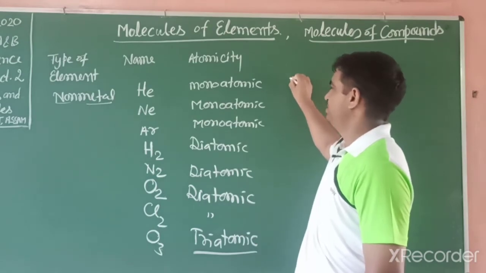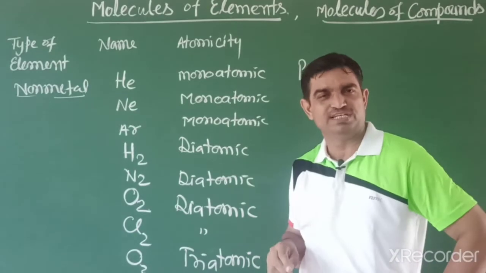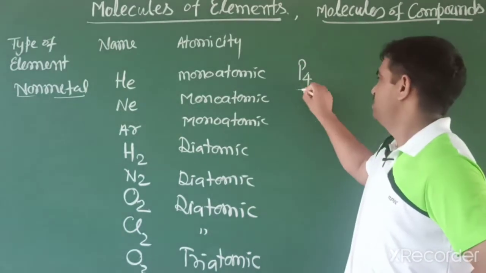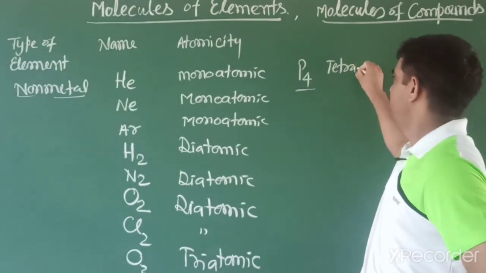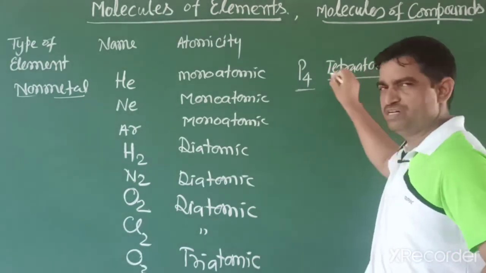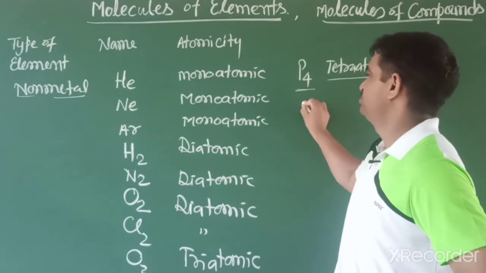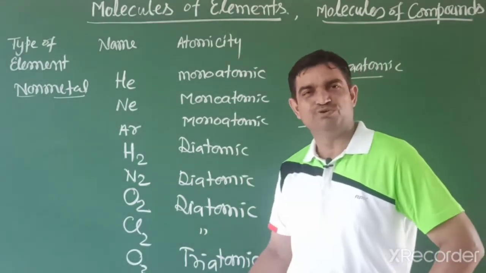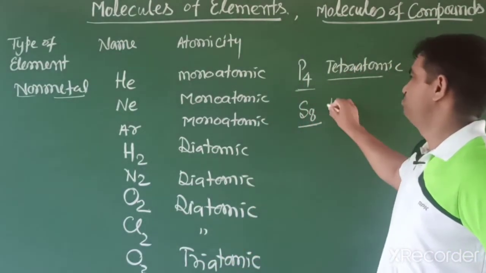Phosphorus we can represent as P4. Students, phosphorus formula is P4. Its atomicity is tetraatomic, because 4 atoms in one molecule. Sulfur is represented as S8. In one molecule 8 atoms exist, so this is known as polyatomic.